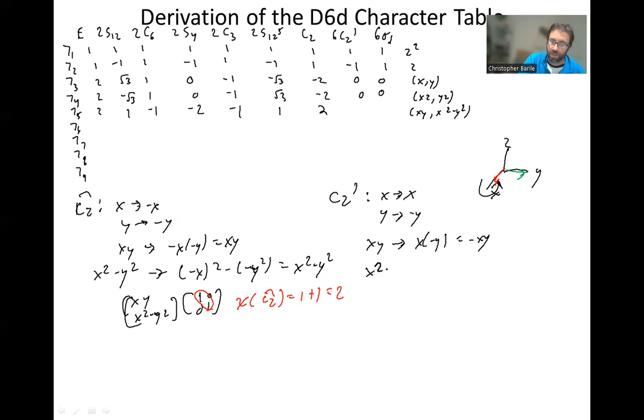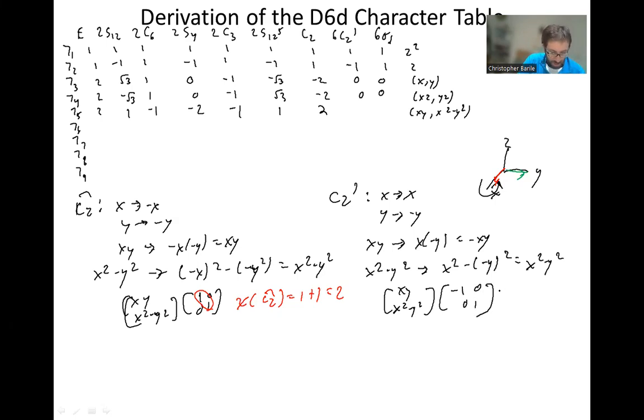And x squared minus y squared goes to x squared minus quantity negative y squared, which equals x squared minus y squared. So that is equal to having a negative 1 here and a positive 1 here.